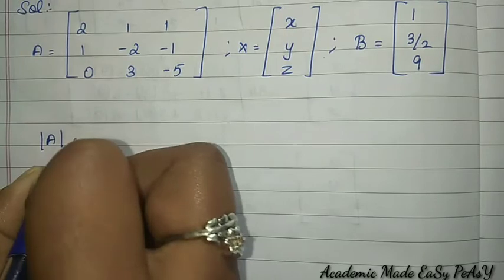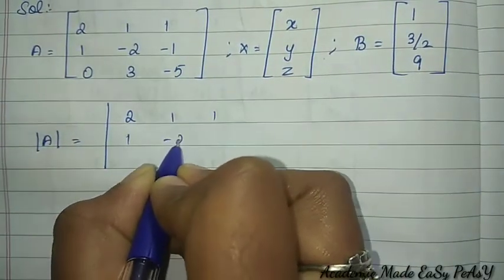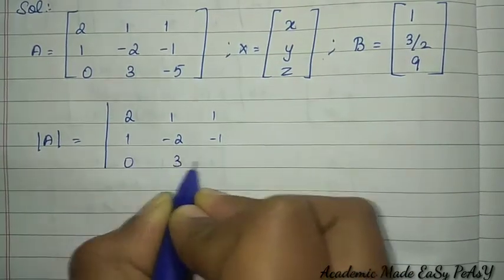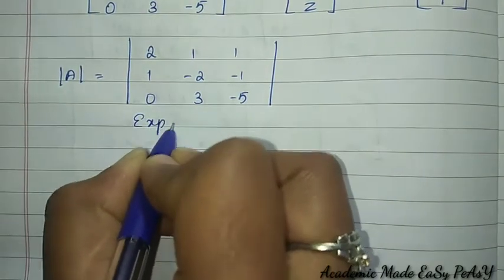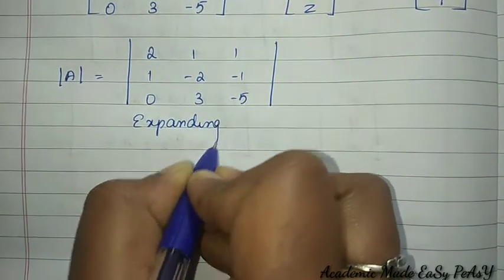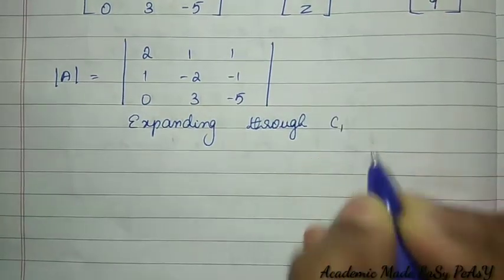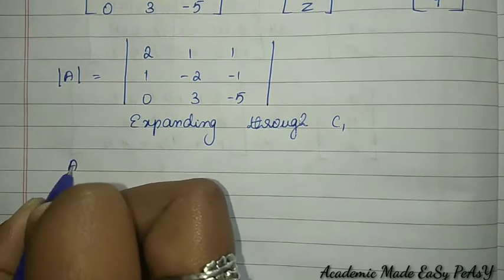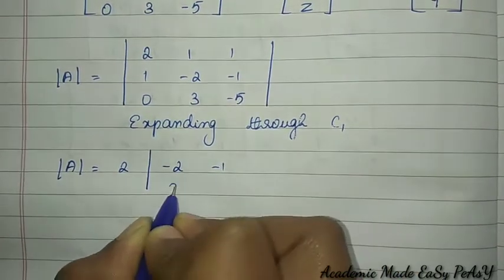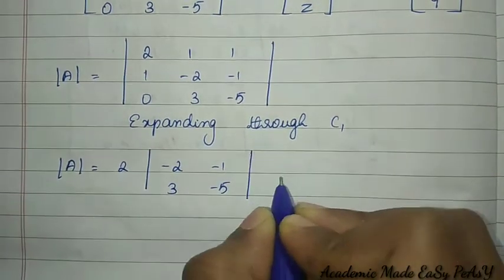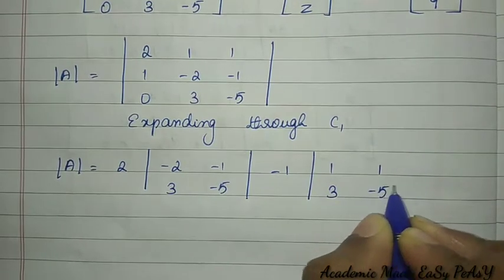So, determinant of A is equal to 2, 1, 1, 1, minus 2, minus 1, 0, 3, minus 5. So, I will be expanding through the column 1. So determinant A is equal to 2 into minus 2, minus 1, 3, minus 5, minus 1 into 1, 1, 3, minus 5.